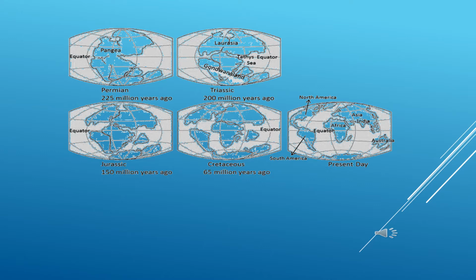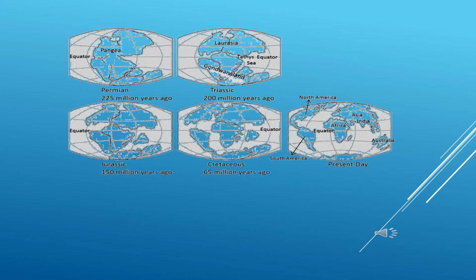It covers the area of Europe and Asia, which is called Laurasia or Angaraland or Laurentia. The southern part of this Pangaea consisted of present-day South America, Africa, South India, Australia and Antarctica. So this landmass was called Gondwanaland.